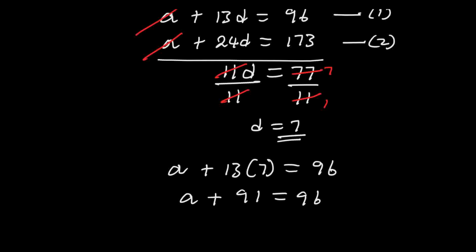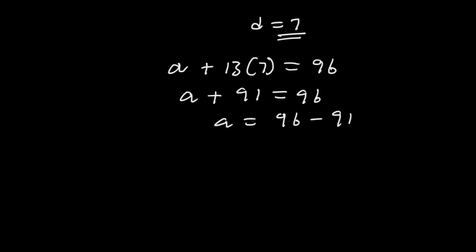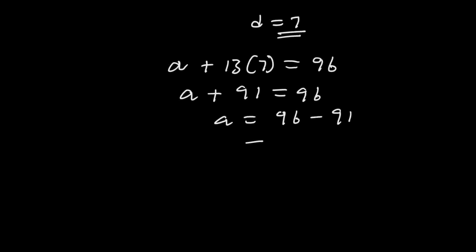We can subtract 91 from both sides, and a will be equal to 96 minus 91, and 96 minus 91 is equal to 5. So the first term a is equal to 5, and the common difference d is 7.